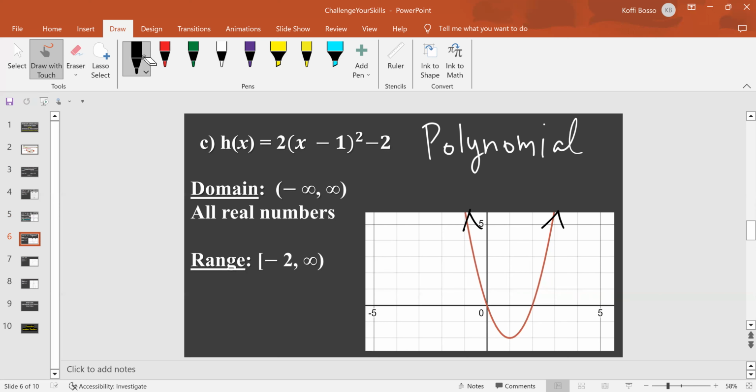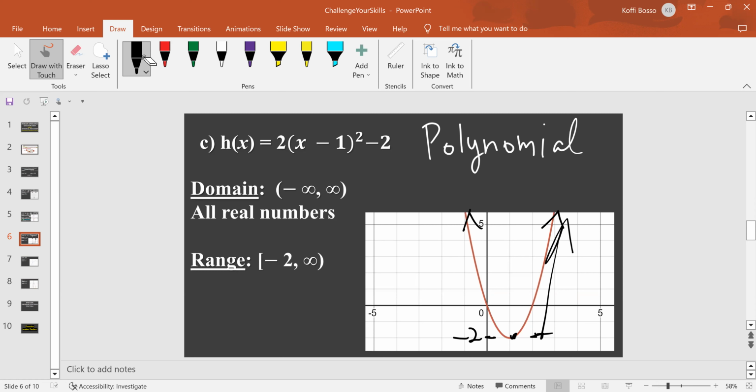The range: the lowest y value here is this point with -2 for the y. So the lowest y value is -2, and the highest y value we don't know, it keeps going up, so infinity. So it's like from this up.